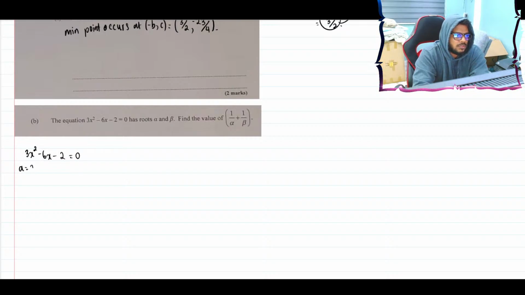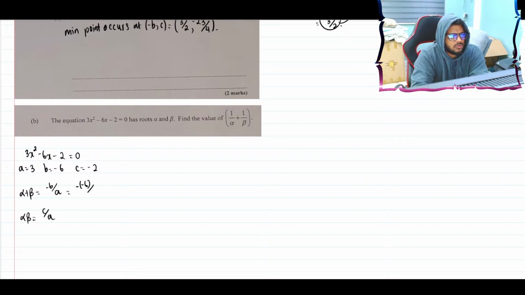Write down what a is, write down what b is, and write down what c is. We know that the sum of the roots is equal to minus b over a, and we know that the product of roots is equal to c over a. Minus b over a will be minus 6 over 3, which is 6 over 3, which is 2. c over a is minus 2 over 3.